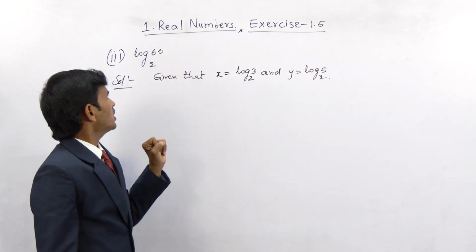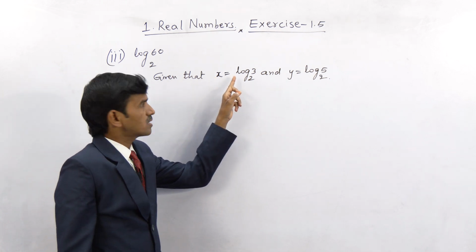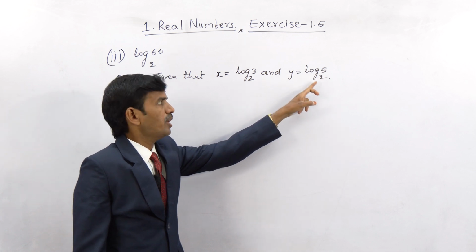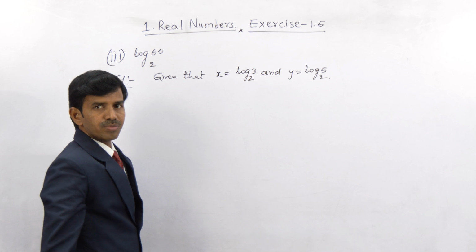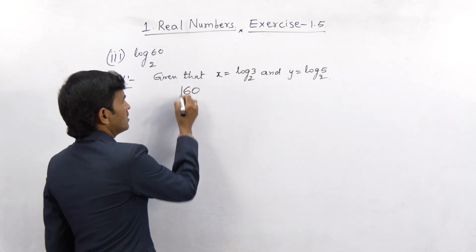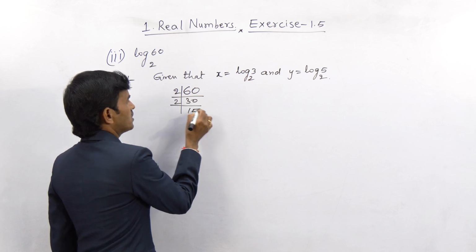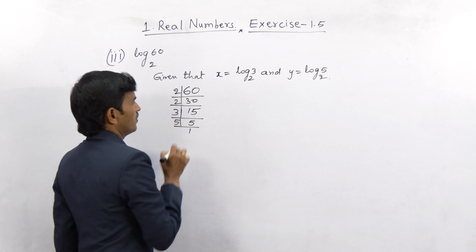Next, log 60 to the base 2, where x is given as log 3 to the base 2 and y is equal to log 5 to the base 2. First, write 60 as its prime factors: 2 thirties are 60, 2 fifteens are 30, 3 fives are 15, 5 ones are 5.